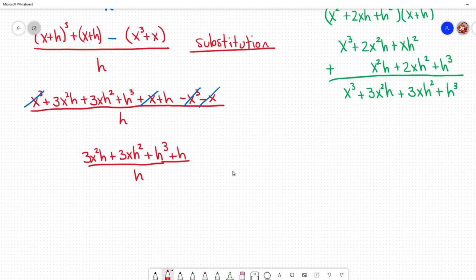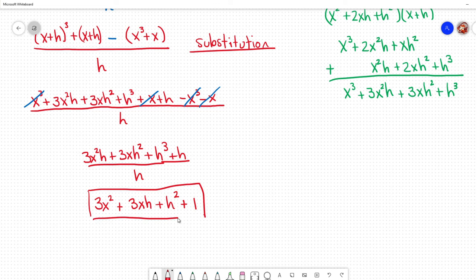Now can I still simplify further? Sure. I see that everything in the numerator is divisible by h, so we can carry out this h. So it's going to say 3x squared plus 3x, one of them, not all of them, plus h squared, divided by 1. That's my final.